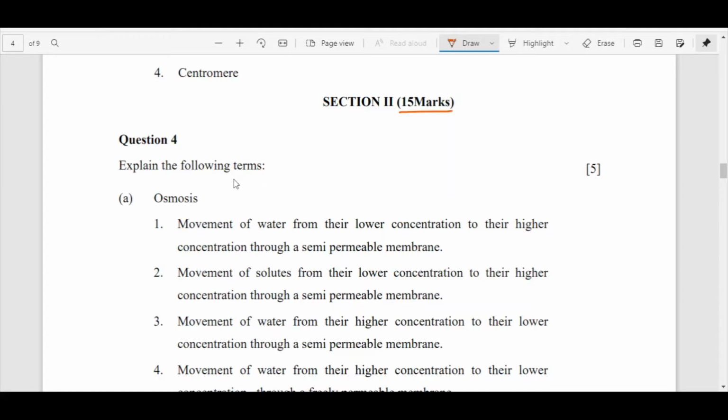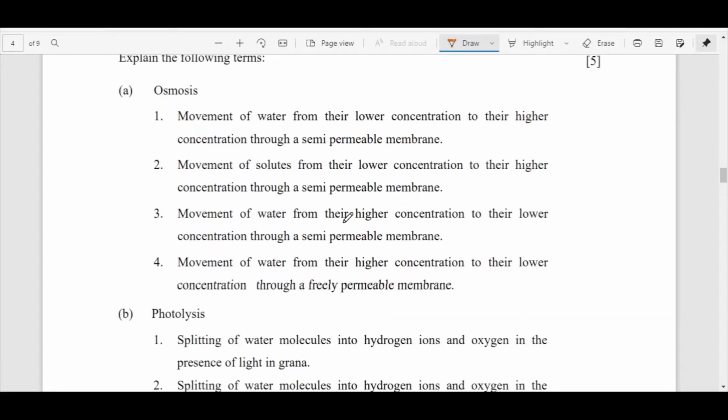The first one, A, osmosis. What is osmosis? Is it option number 1, movement of water from lower concentration to higher concentration through a semi-permeable membrane? Or option number 2, movement of solutes from lower concentration to higher concentration through a semi-permeable membrane?